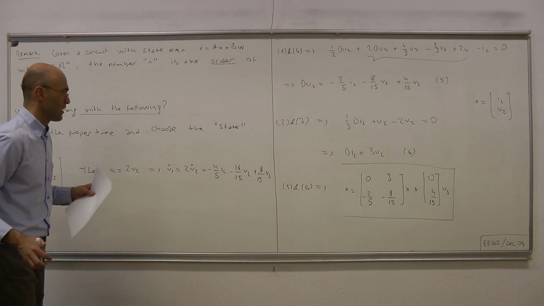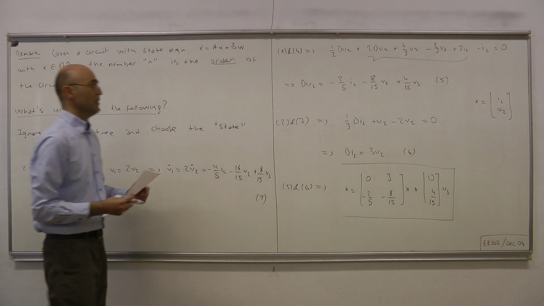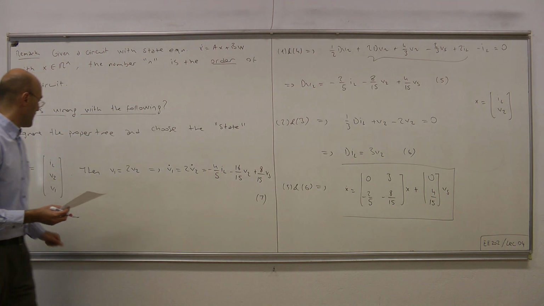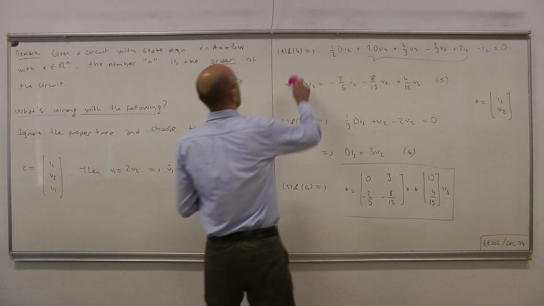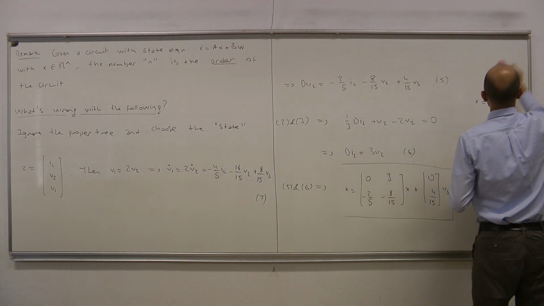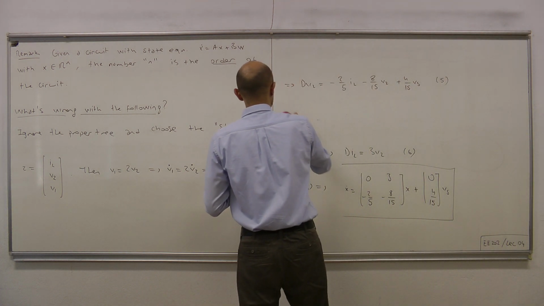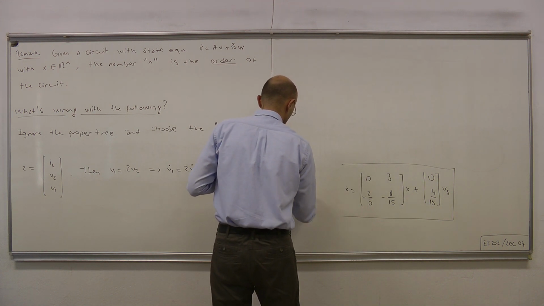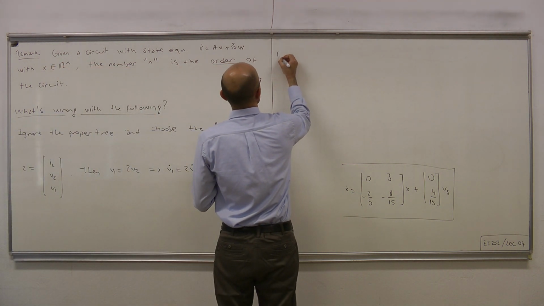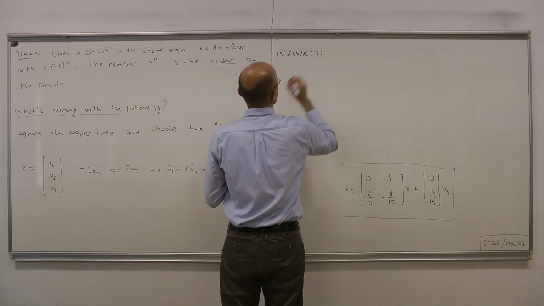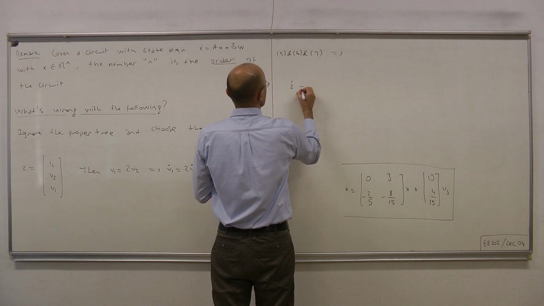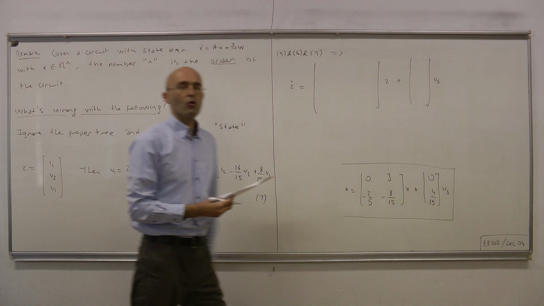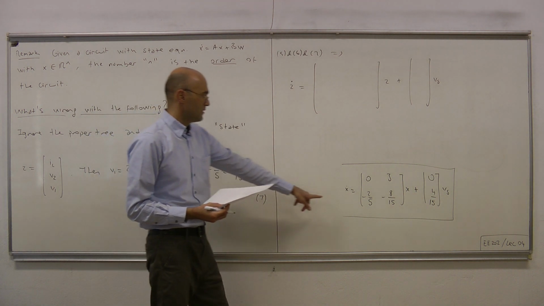Okay, call this equation number 7, and combine equations 5, 6, and 7 and write Z dot equals something times Z plus something else times Vs. So 5, 6, and 7 implies Z dot equals a matrix times Z plus a vector times Vs. Now we obtain a state equation which is larger than the earlier obtained state equation.